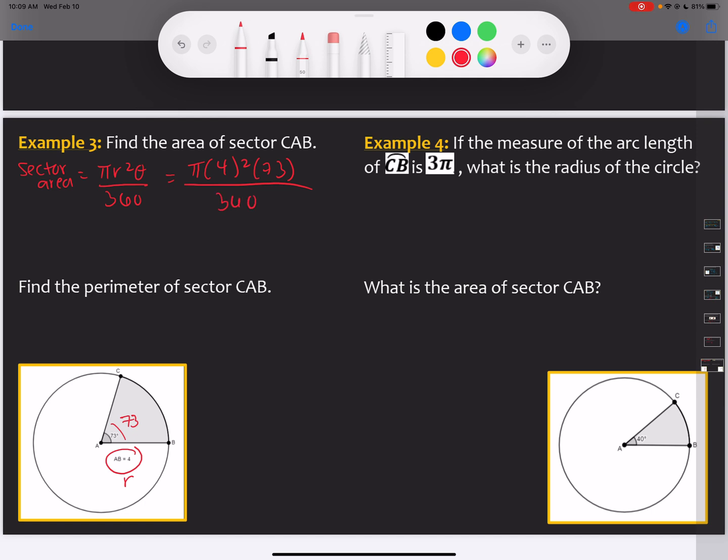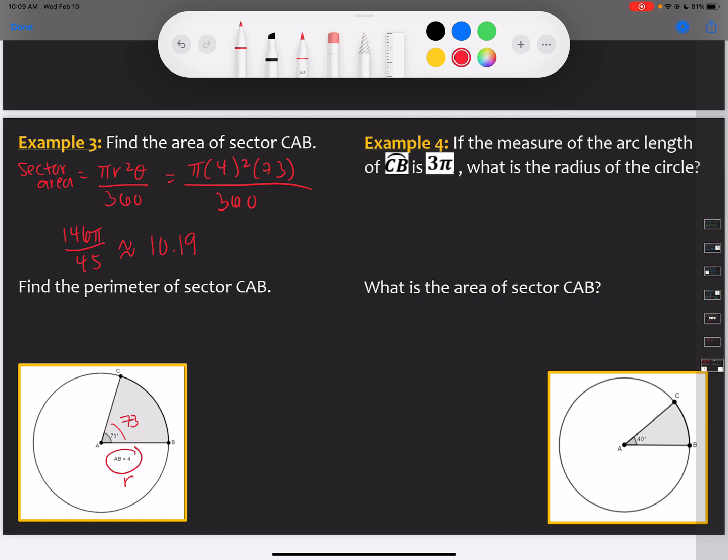Plug that into my calculator exactly how I see it. Don't forget to square the 4. I think that's where I see probably the most mistakes. And that gives me an exact answer of 146 pi over 45 and an approximate answer of 10.19.